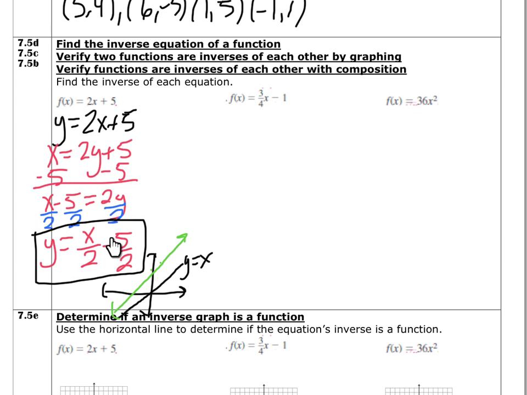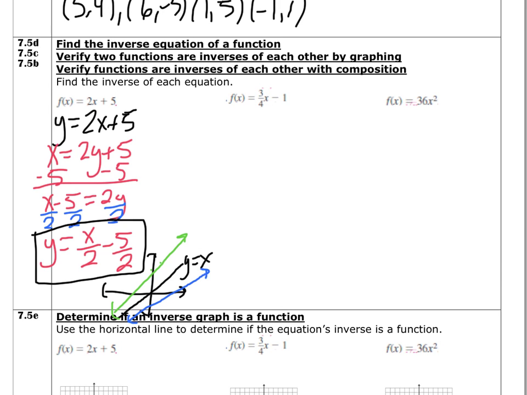Now if you graph this equation, what you're going to see is this green line should flip over the line y equals x. So you can double check if you have the right answer. If you do not see the original equation and your new algebraic equation flip over the line y equals x, you probably have a mathematical error in here. So that's how you can check by graphing.